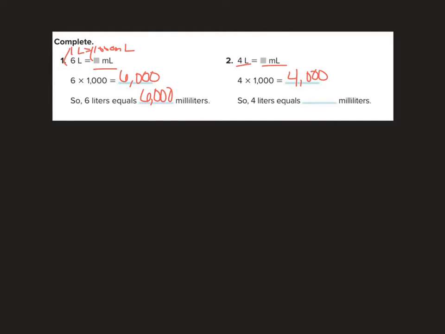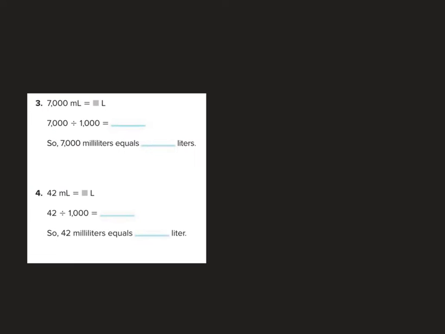Because 4 times 1,000 is 4,000. I guess we have one more, and then we get the big page with a bunch of problems on it. So 7,000 milliliters equals how many liters? I'm going to divide by 1,000, and that is going to be 7. So it equals 7 liters.